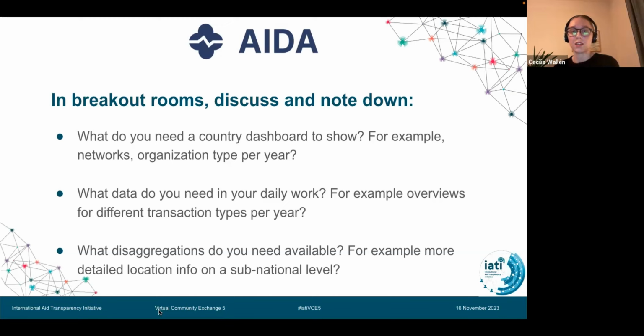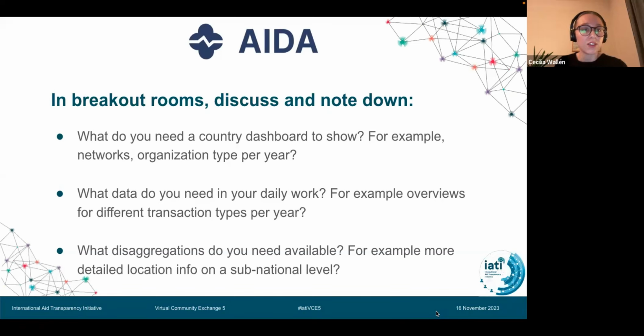And as an overall important note, this would be used for traceability and effectiveness, and IATI data is being used for planning and evidence-based decision making.